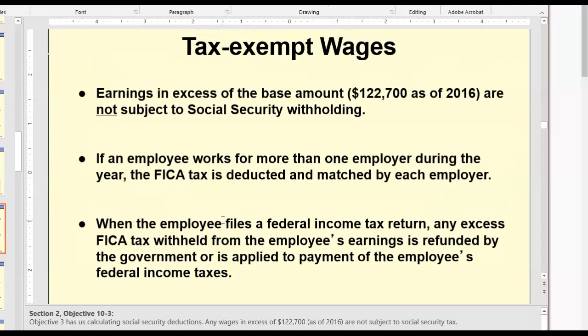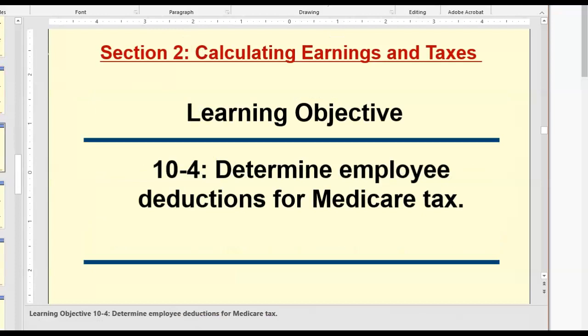Okay, there are wages that are not taxed, and that's any wage, like we said earlier, above $122,700. You get a refund if you've been overpaid. You know that every year when you file your taxes. You can just go ahead and read these things. Let's work on some problems.